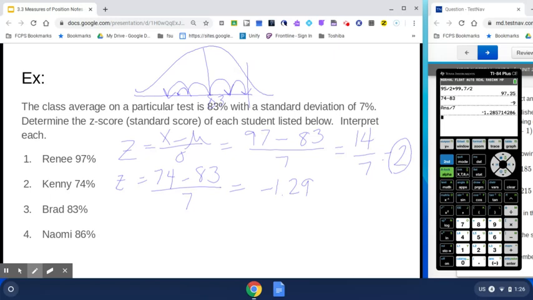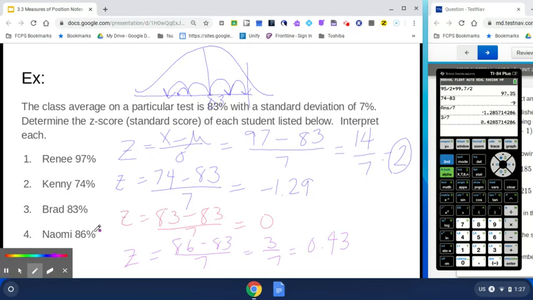Pause the video here, see if you can find Brad and Naomi's z-scores. Okay, Brad's z-score is actually 0. So he scored exactly equal to the mean. So Brad is falling right here in the middle of the distribution at the mean value, a z-value of 0.